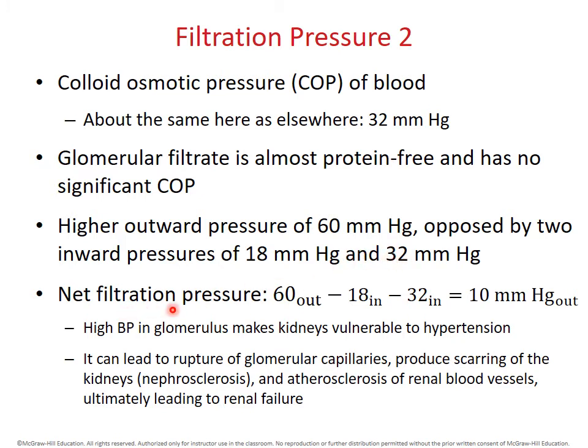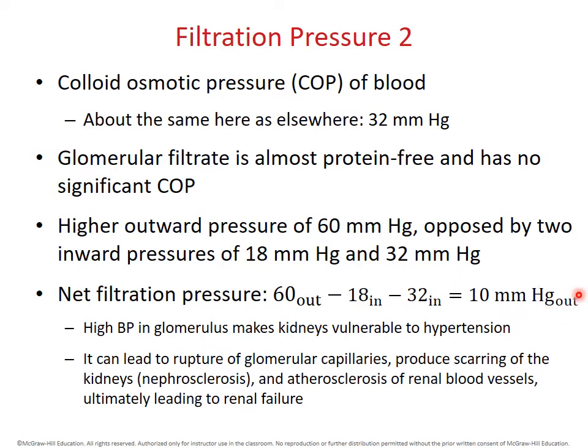So we put these all together. We've got a force of 60 millimeters of mercury pushing fluid out. We've got the hydrostatic pressure in the capsule of 18 pushing fluid back in. And we've got an osmotic pressure in the blood itself of 32 drawing fluid into the blood. And so we subtract these two from the 60, the force that's pushing out, and we end up with a net pressure of 10 throughout the entire length of the glomerulus, a net pressure of 10 out.